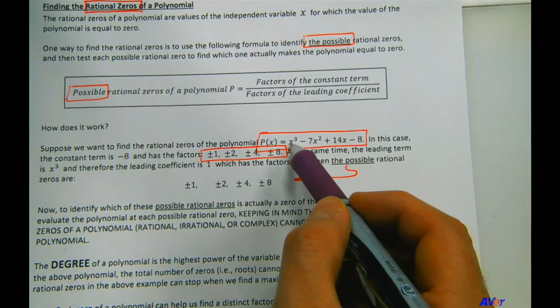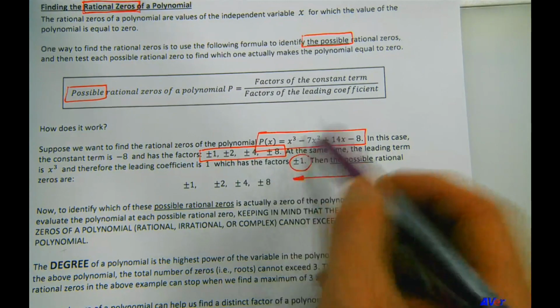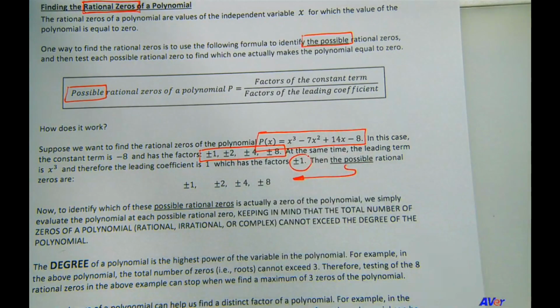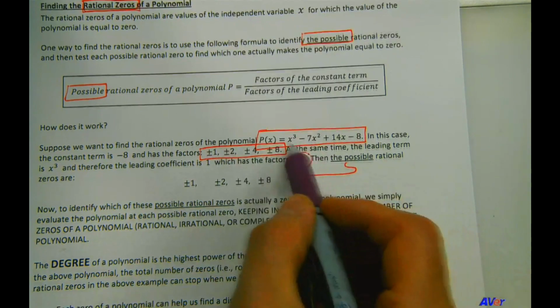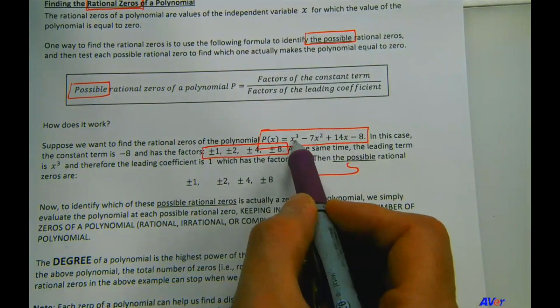If you have x cubed, in this case, then the most number of rational zeros you can have is 3. Because suppose you find 2 of them. Where's the third one? Well, the third one is not a rational zero. It's a complex number. Okay? So the maximum number of rational zeros for this polynomial cannot exceed 3.